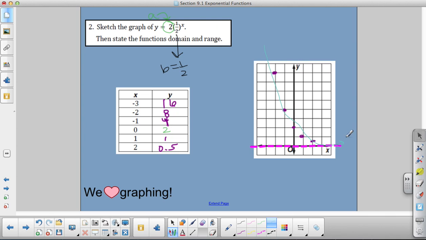And do your best to connect them. Mine kind of touched. Maybe I should undo that one and redo it again. It's going to get really, really close, but not actually touch. All right, and there is example 2.